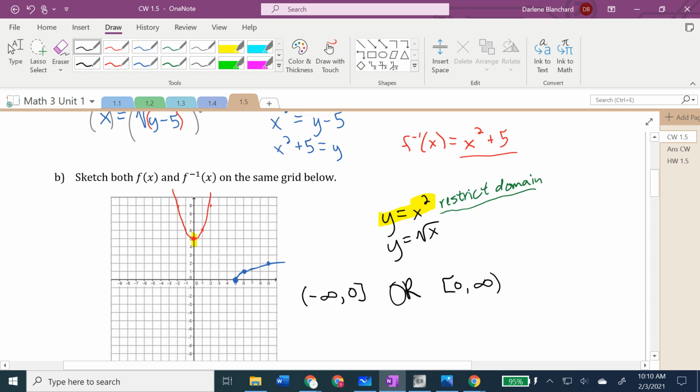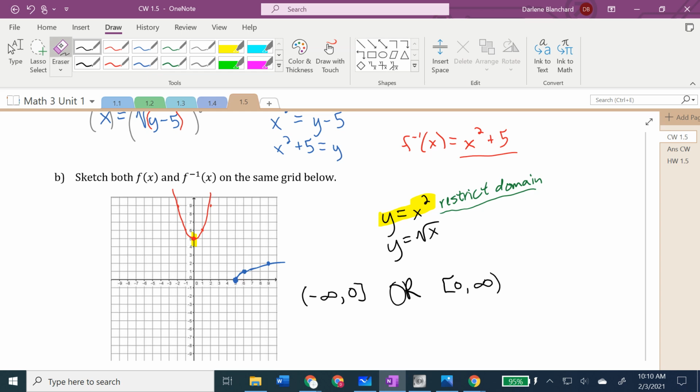If you graph the whole thing, you can probably see it better. Looking at the graph, which of these restrictions is the one we need to use? You got it.